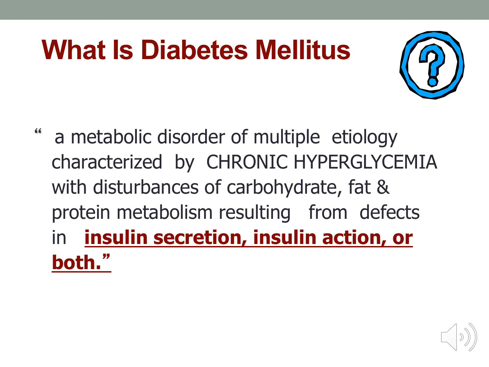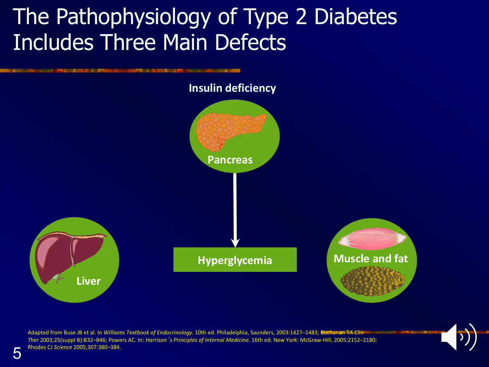And the two main problems are you don't have enough insulin, insulin deficiency, or there's a resistance to insulin action. Apart from these two main problems, there is one other main defect. So let's take a look at these three different groups of organs.